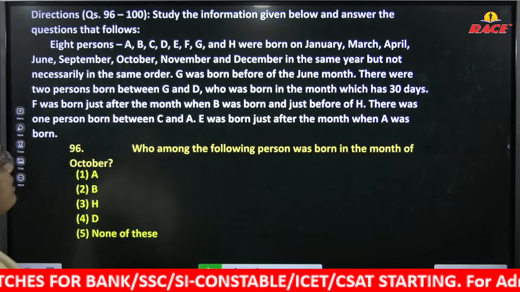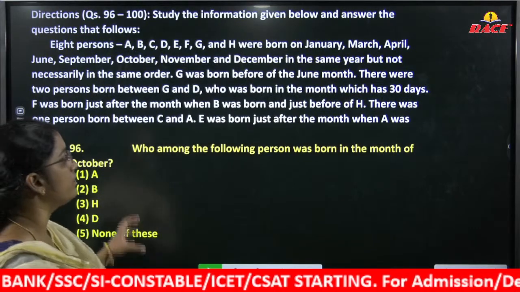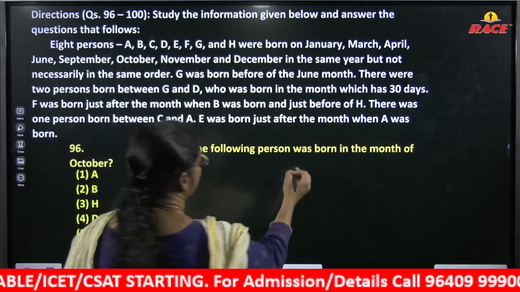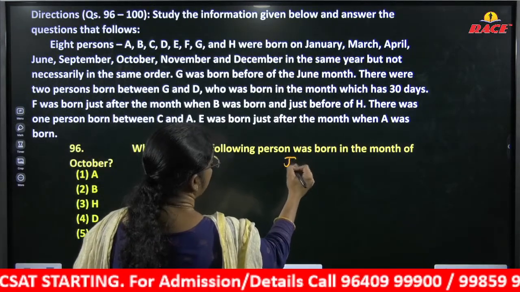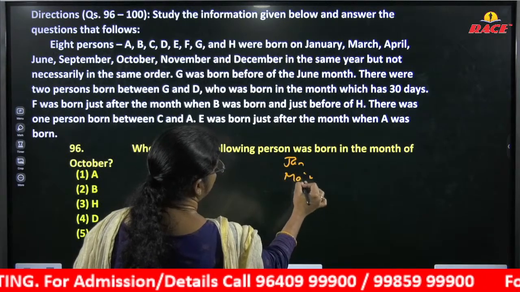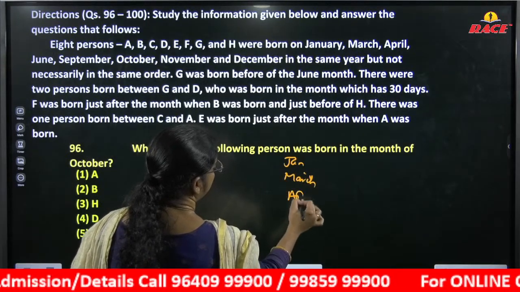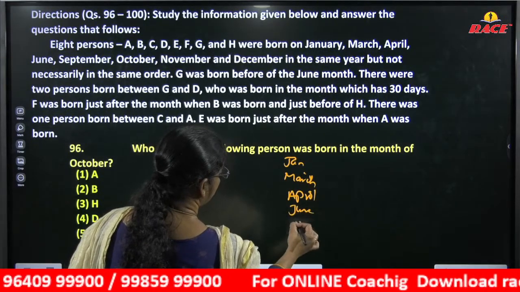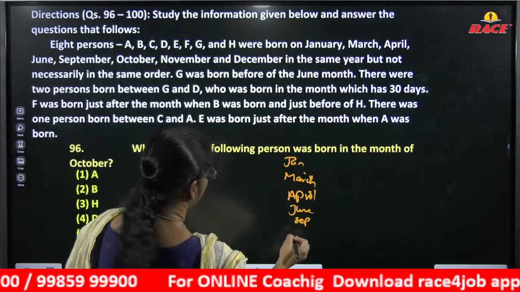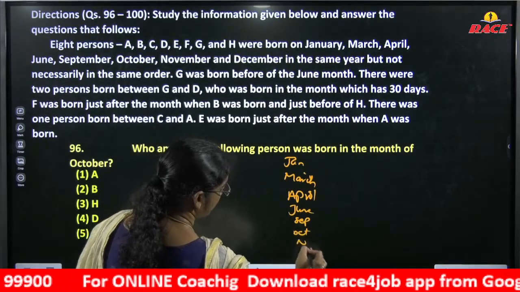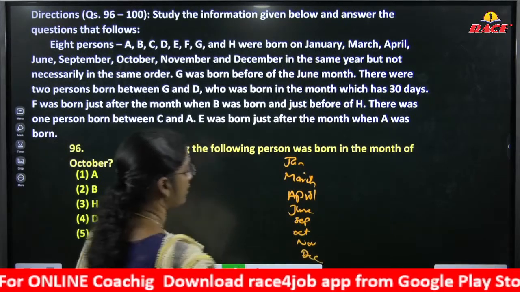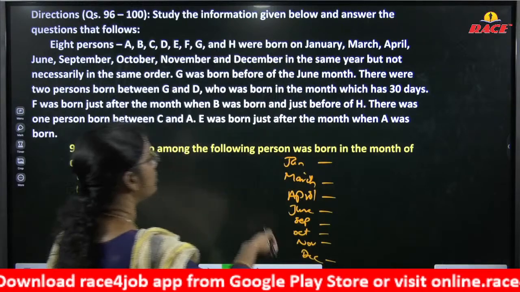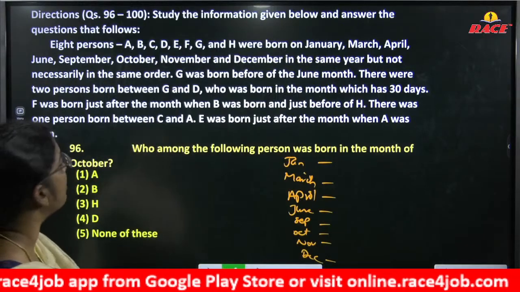If you are having these types of questions, that is, month-related questions, simply take all the months in order: January, March, April, June, September, October, November, December. So here I'm taking 8 months.